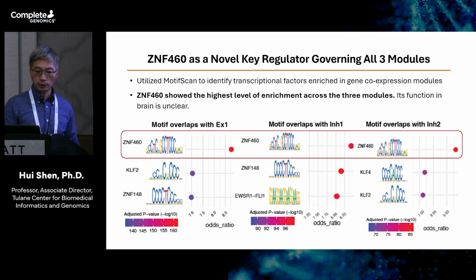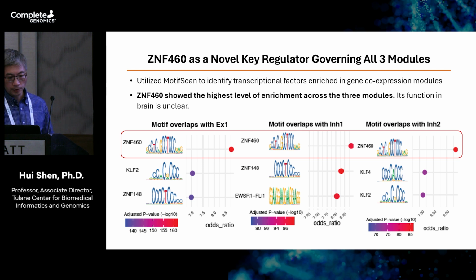This transcription factor shows the highest level of enrichment across all 3 modules. However, its function in the brain at this time is unclear. So we certainly want to follow up on this transcription factor to see whether it may represent a potential treatment target for Alzheimer's disease.